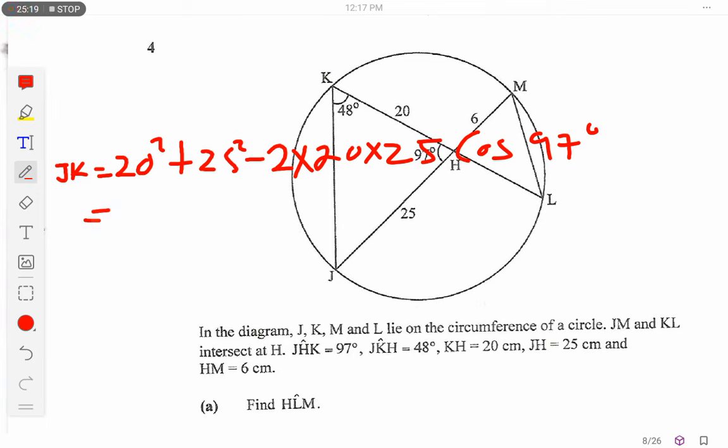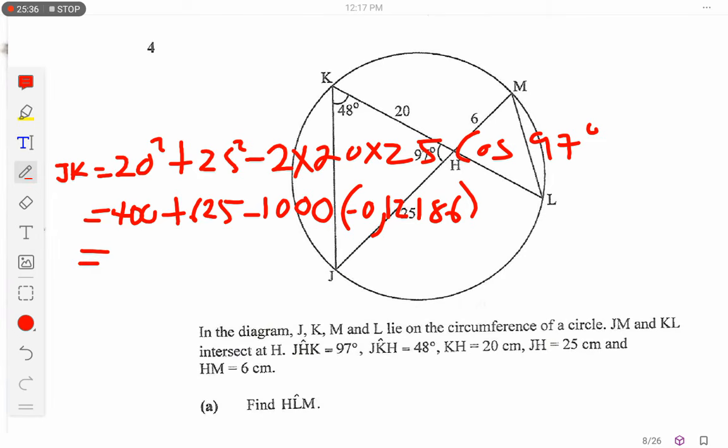Then we solve this, we get 400 plus 625 minus 1000, and cos 97 there is minus 0.12186. So we can solve this and we get JK squared is equal to 1146.85.